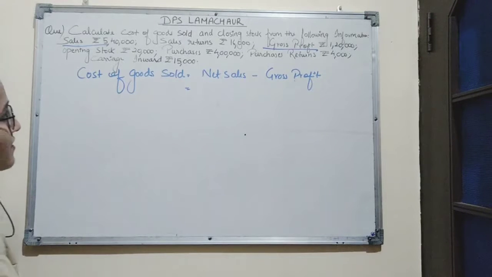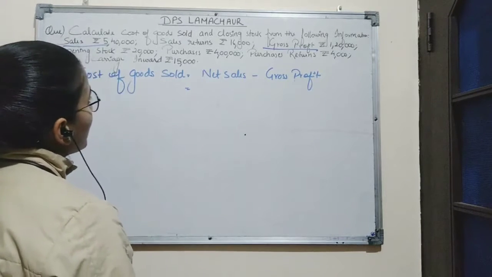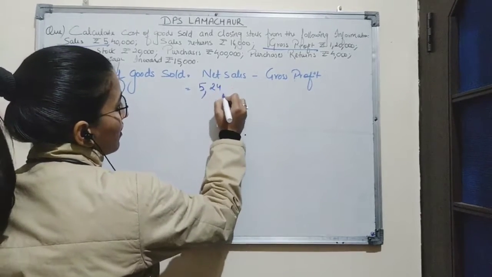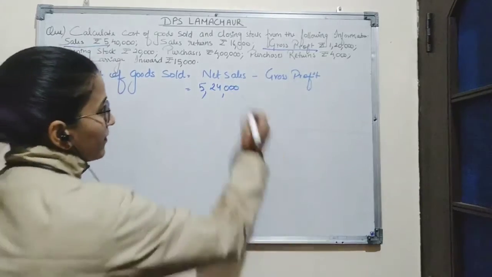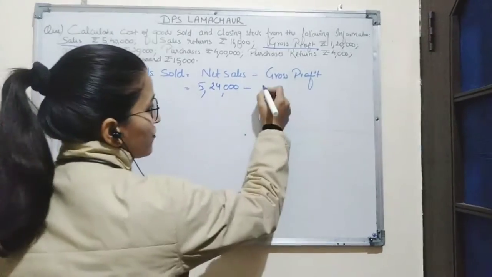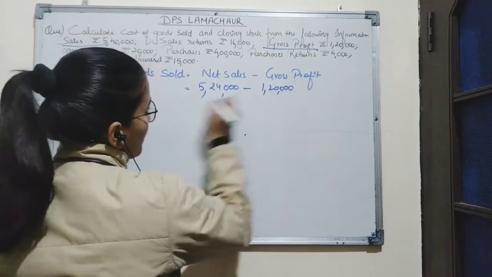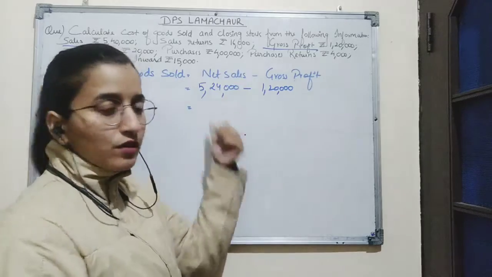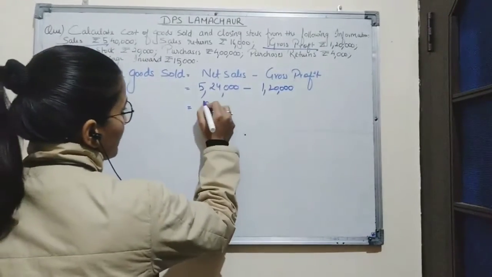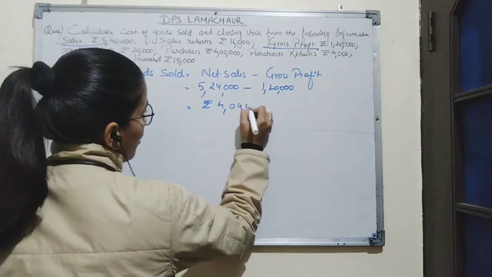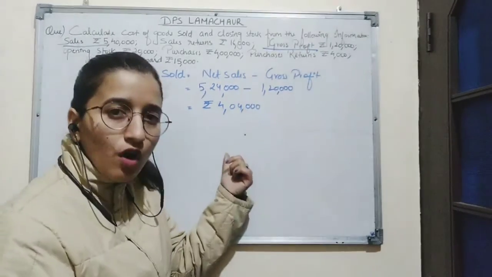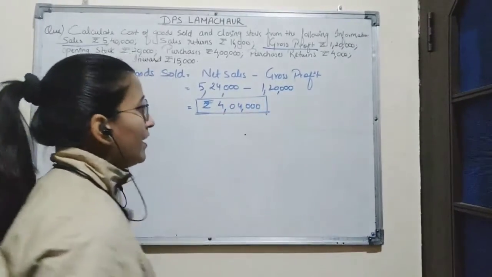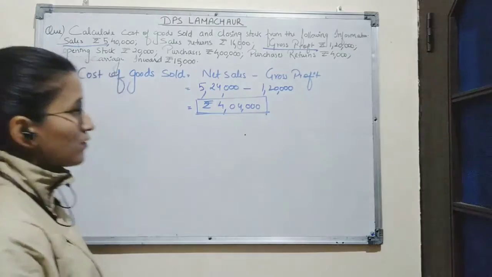So by subtracting 16,000 from 5,40,000, we get the amount of net sales as 5,24,000 minus amount of gross profit is rupees 1,20,000. So by deducting 1,20,000 from 5,24,000, we get the amount rupees 4,04,000 as cost of goods sold. So here amount of cost of goods sold has been calculated amounting to rupees 4,04,000.